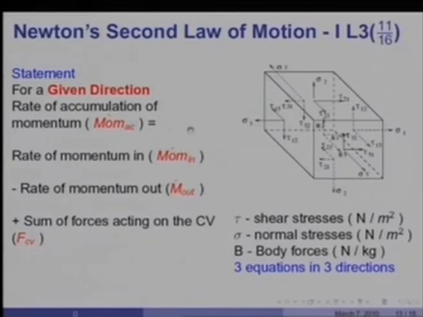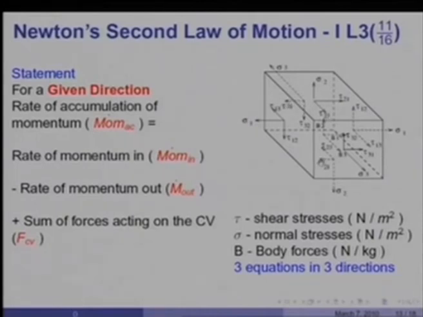What are the forces that act on a control volume? Firstly, there are shearing stresses, shearing forces. Tau 2(1) is a shearing force acting in x1 direction, and likewise tau 2(1) would at x2 equal to constant surface act in this direction. Tau 3(1) likewise acts at x3 plus delta x3 surface, and tau 3(1) also acts in the other direction.